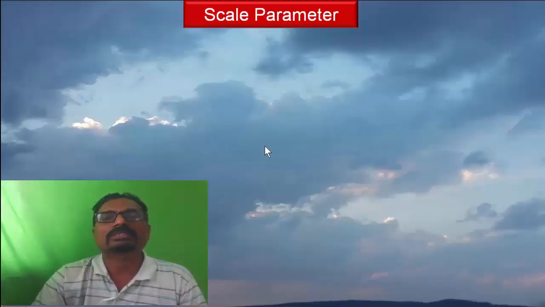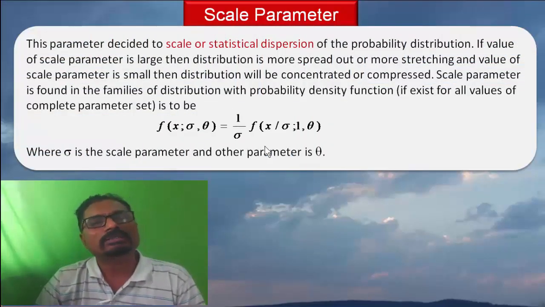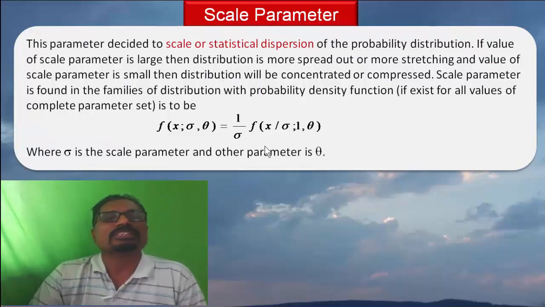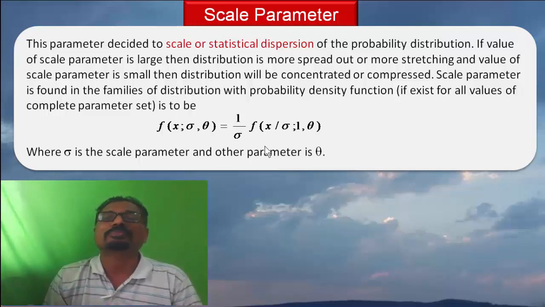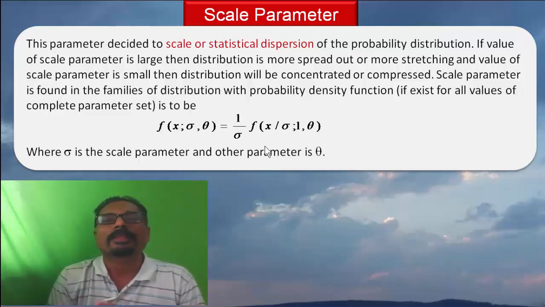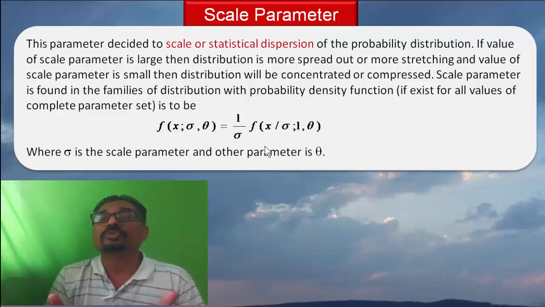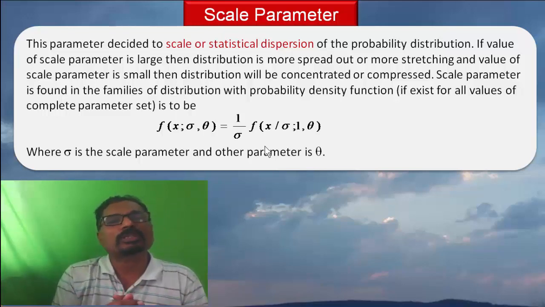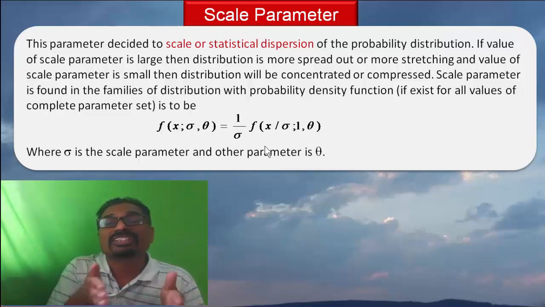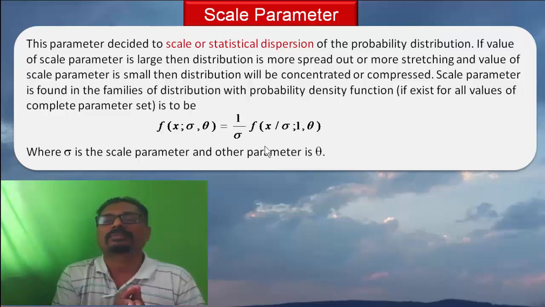Now we can discuss the scale parameter. The scale parameter decides the scale or statistical dispersion of the probability distribution. If the value of the scale parameter is large, then the distribution is more spread out or stretched, and if the value of the scale parameter is small, then the distribution is concentrated or compressed.